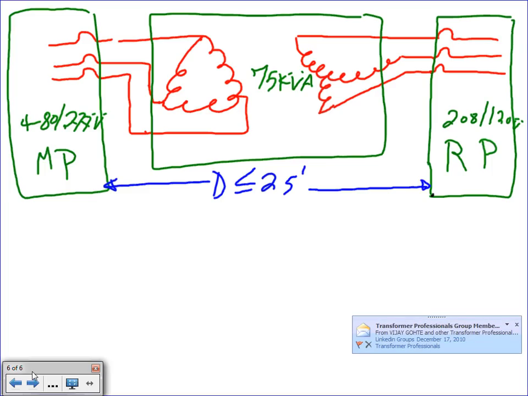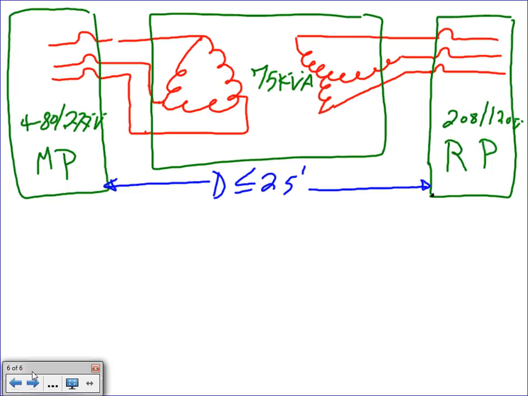Very common, guys, in commercial industrial when you have 480. Very common transformer. Most of the time, write this D down because it will help you a lot, guys. D is the distance between the overcurrent protection device in this panel and the overcurrent protection device in the second panel.